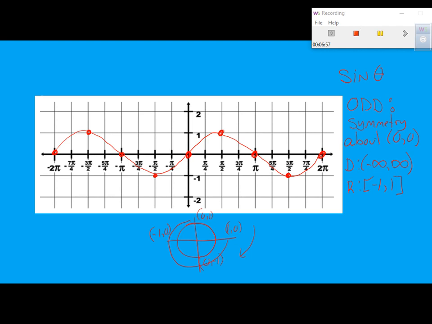Now, this will look a little odd to you, but I'm going to say that the zeros of this, where it crosses the x-axis, notice it curves at 0, and then 1 pi, 2 pi. It's going to happen at 3 pi, 4 pi, negative 1, negative 2. So to write that, I'm going to say the zeros are at pi times n, and n is an element of the integers.